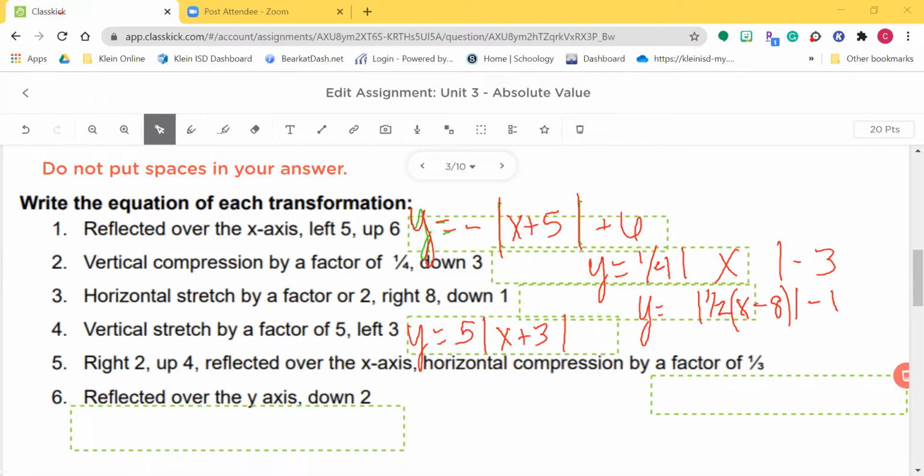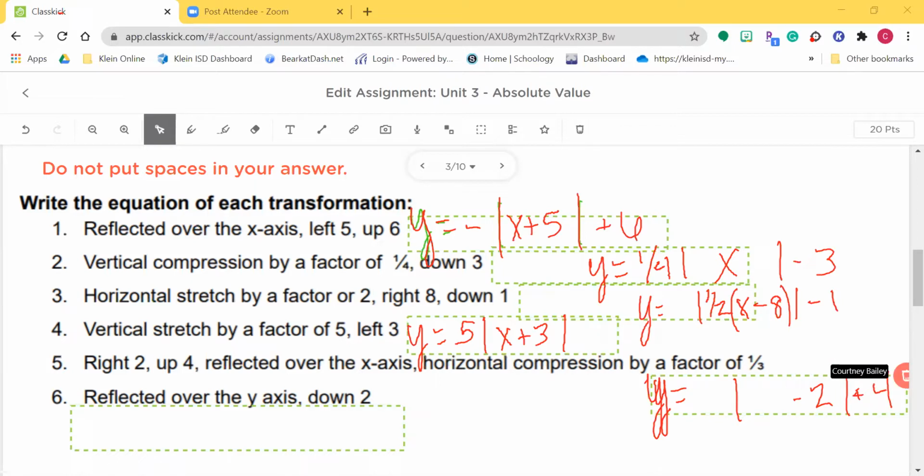Number 5, here's my skeleton. Right 2, inside, outside? Inside. Plus or minus? Minus 2. Up 4, inside, outside? Outside. Plus or minus? Plus 4.